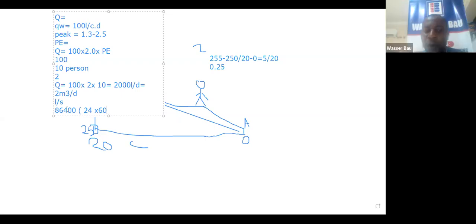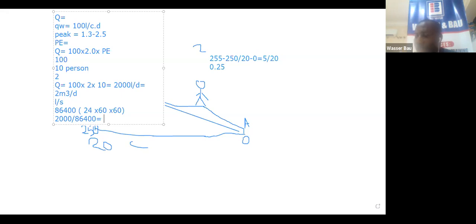So 86400, some of us will remember our engineering days, Engineering 309, hydraulics, to convert day into seconds. We have 24 hours, then 60 minutes, then multiply by 60. So if you multiply these three parameters, you're going to get 86400. If you divide this 2000 by 86400, you're going to get your flow in liters per second.